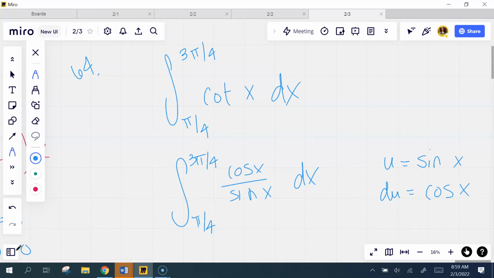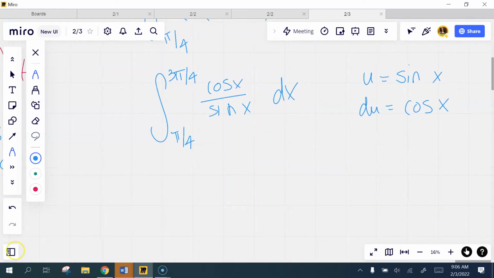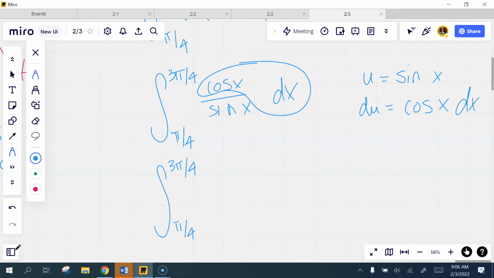Cosine x. There's du. I get u negative 1 du. It's another natural log problem. Make sure you change your bounds.